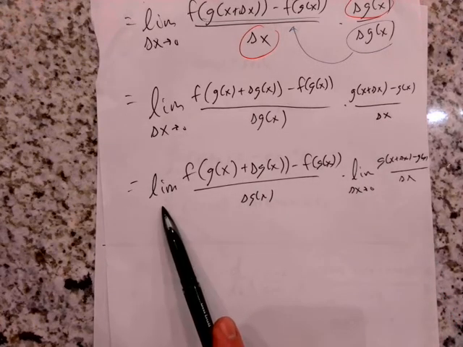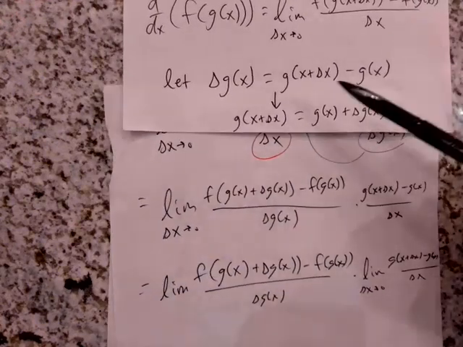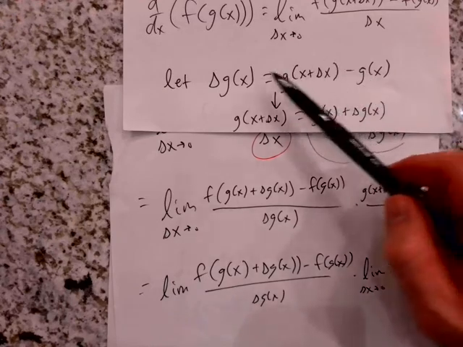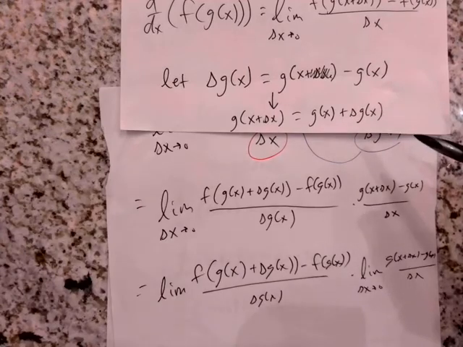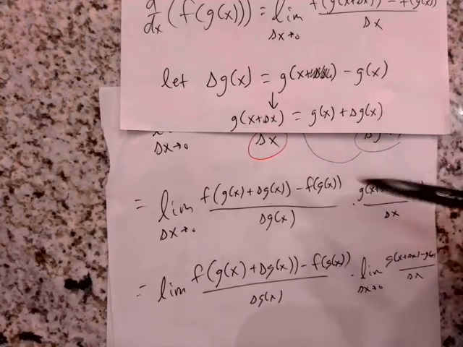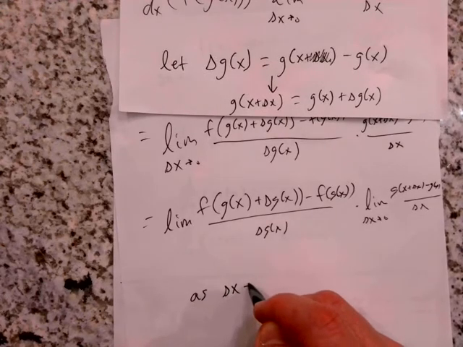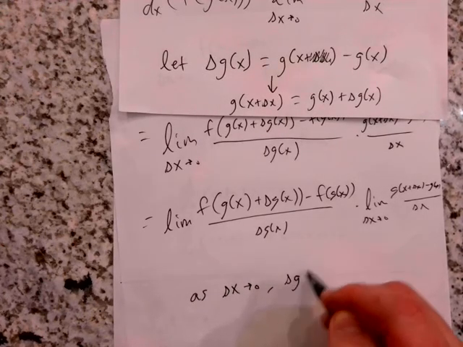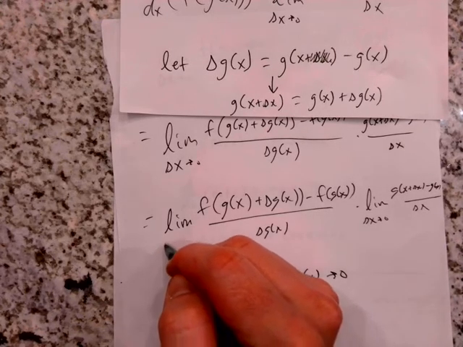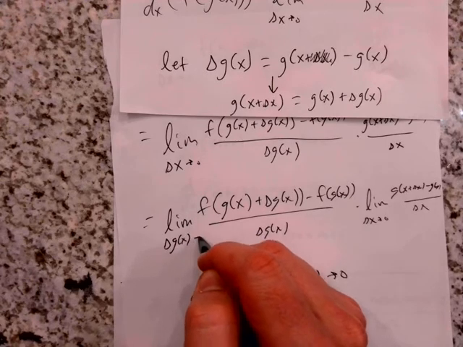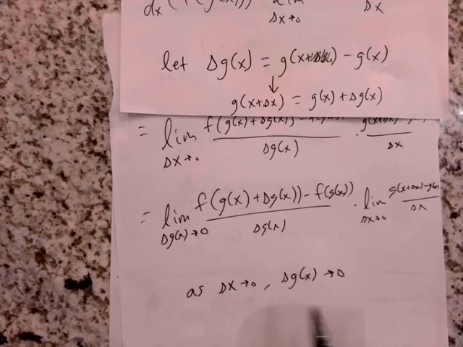Over here, we're going to go back to the previous page. You can see that as delta x goes to 0, delta g of x just becomes g of x minus g of x, which means as delta x goes to 0, so too does delta g of x, which means I can replace this delta x approaching 0 with delta g of x approaching 0, because this implies that.